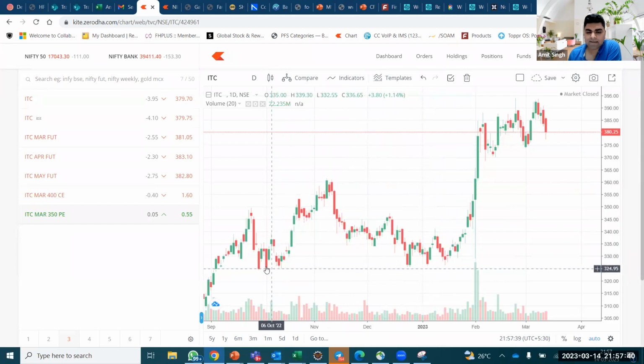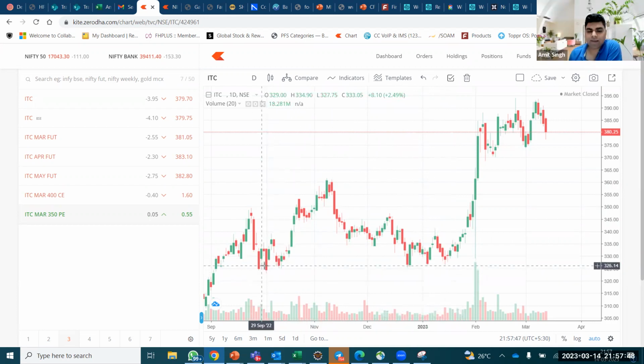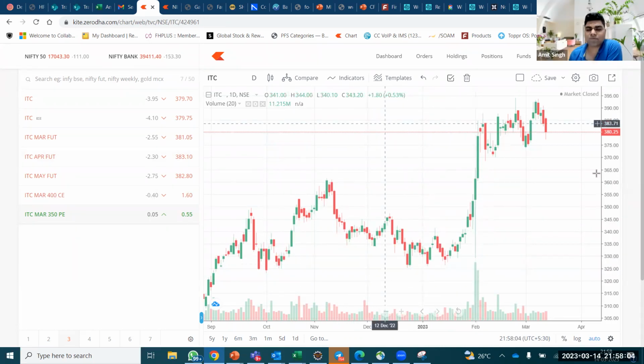So you can see 325 is a clear support. Will you all agree? From September till January, 325, 4 times it came to 325, but did not cross it. So that is why this is a support, 325 rupees. Okay. Samajh mein aaya? All of you agree? Yes or no? Yes. From September till March, 325 is the lowest price of ITC, right?